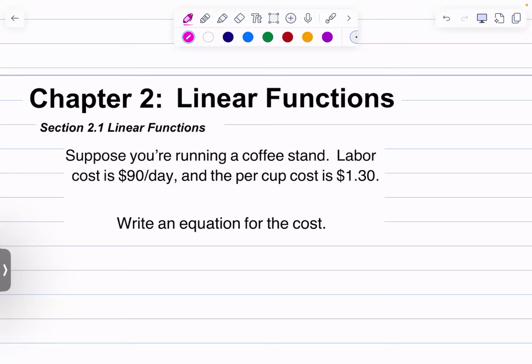So now, it does feel weird, but in chapter 2, we go back to linear functions. What does linear mean? It means it's just a straight line, right? And so here, linear means a straight line.